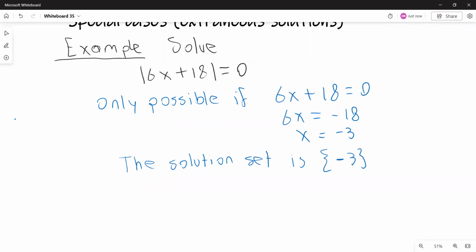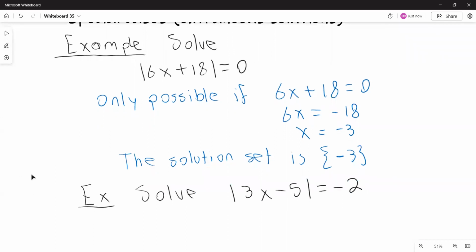Now, let's say you wanted to solve the absolute value of 3x minus 5 equals -2.